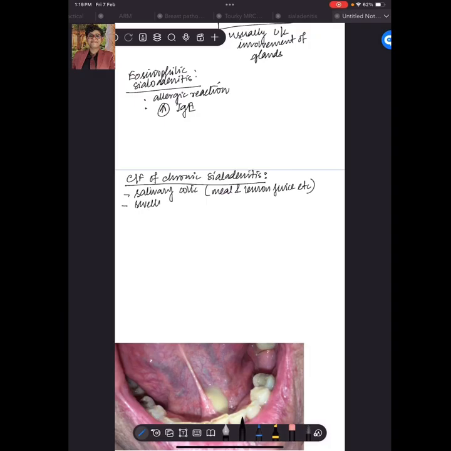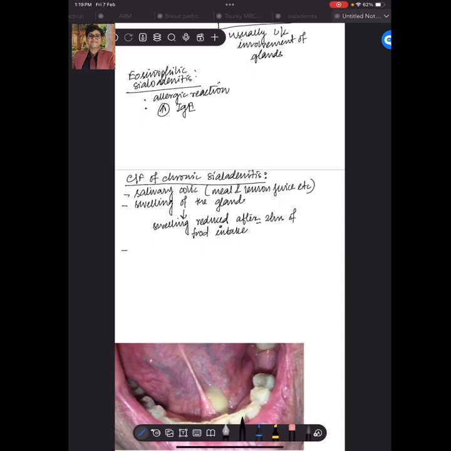There will be swelling of the gland, but typically the swelling will be reduced in about 2 hours of food intake.